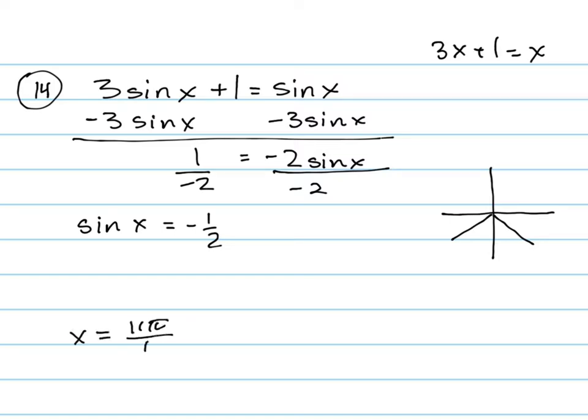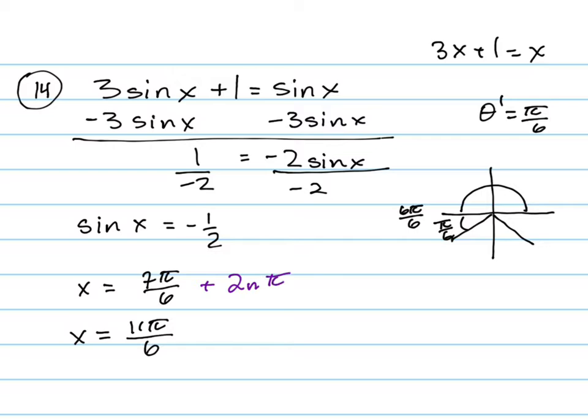And in quadrant 3, well, if the reference angle is pi over 6, we have 6 pi over 6 here, and then we have another pi over 6, so that would be 7 pi over 6. And since it does not give us the restriction from 0 to 2 pi, you have to add the period to it, so plus 2n pi, because that's where it repeats. Guys, any questions here?